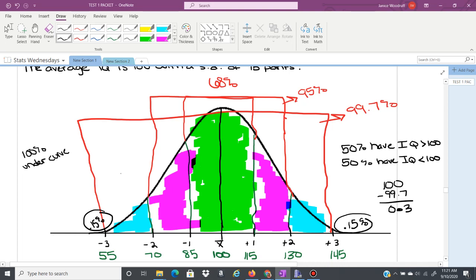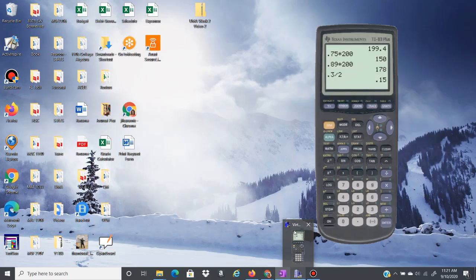So all of these percentages will add up to 100 if I add everything out of the curve. I can do the little bits here as well. 68% divided by 2 would be 34% and 34%. Then you would need to find the difference from 68 to 95, which is 27.